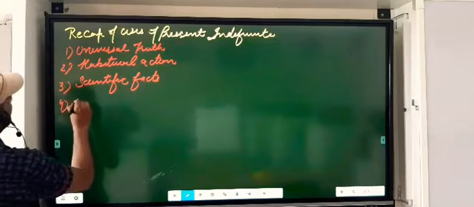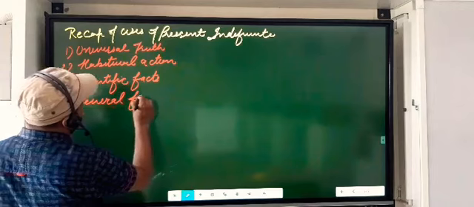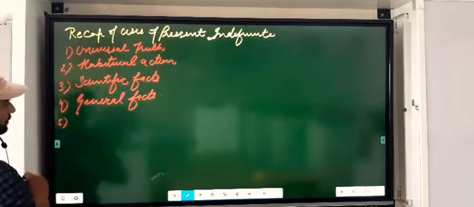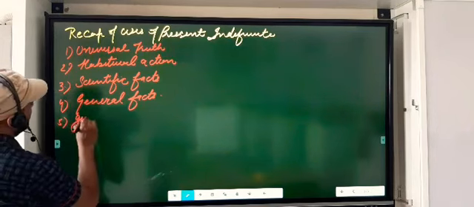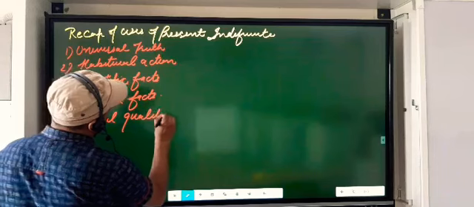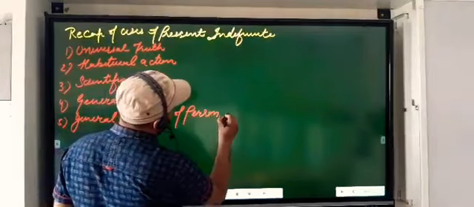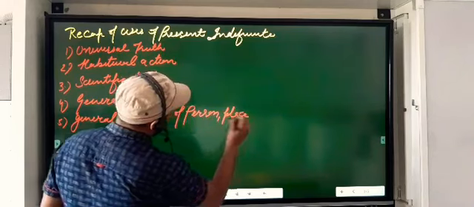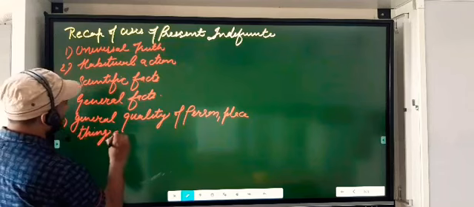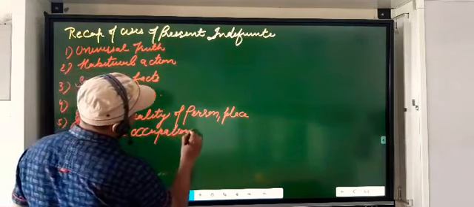Fourth, general facts. Fifth, general quality of person, place, thing or occupation.